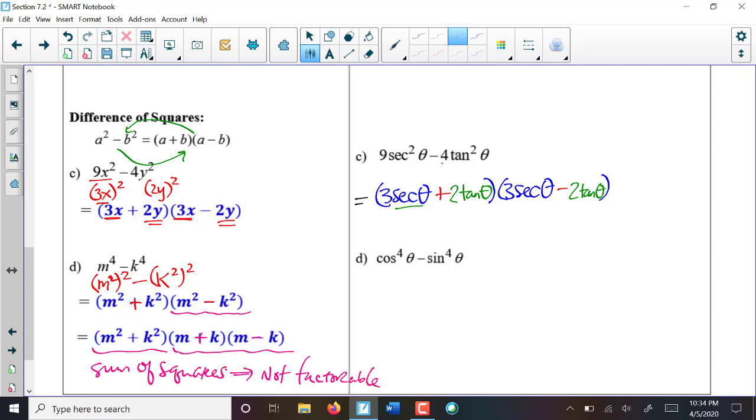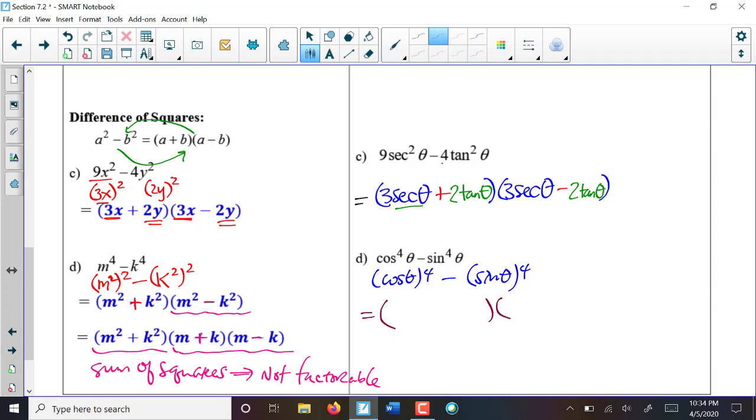Okay, now going over here, so I have basically cosine to the fourth of theta. If you need to, rewrite it like this. That's the cosine of theta raised to the fourth power. Sine of theta raised to the fourth power. Okay, so then I recognize that these are perfect squares, a difference of two squares.